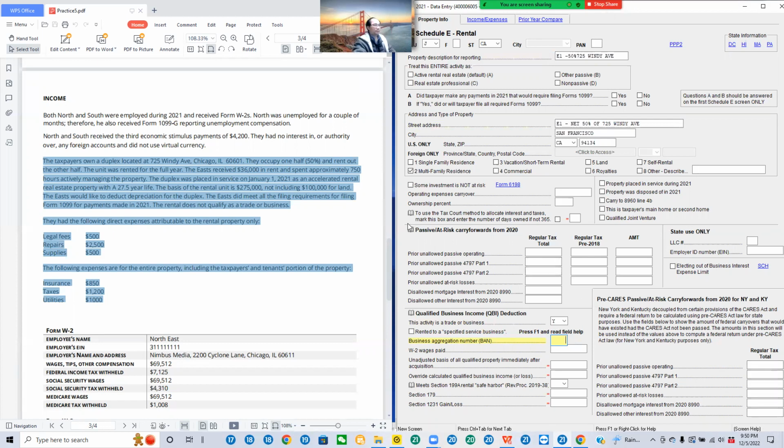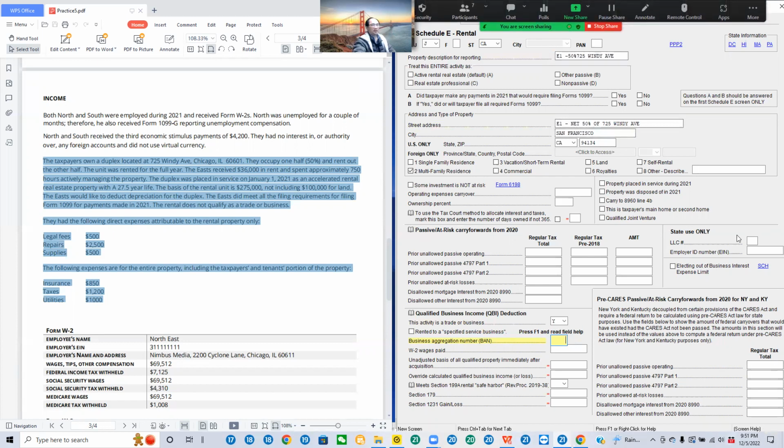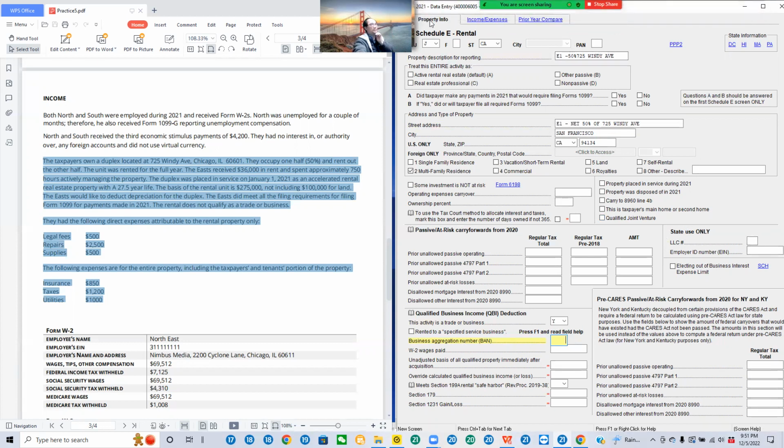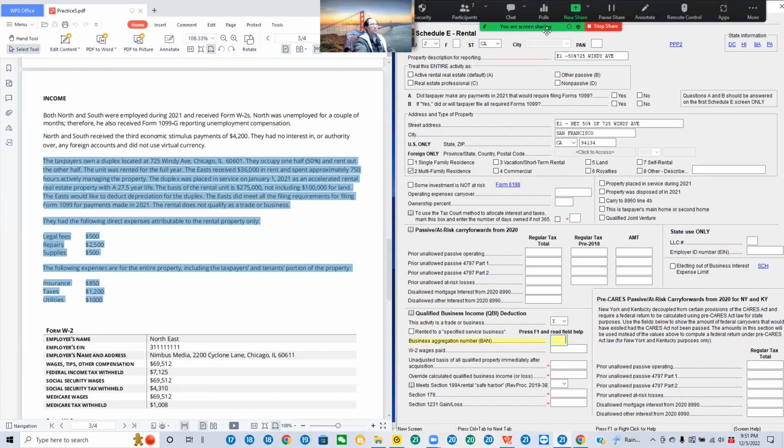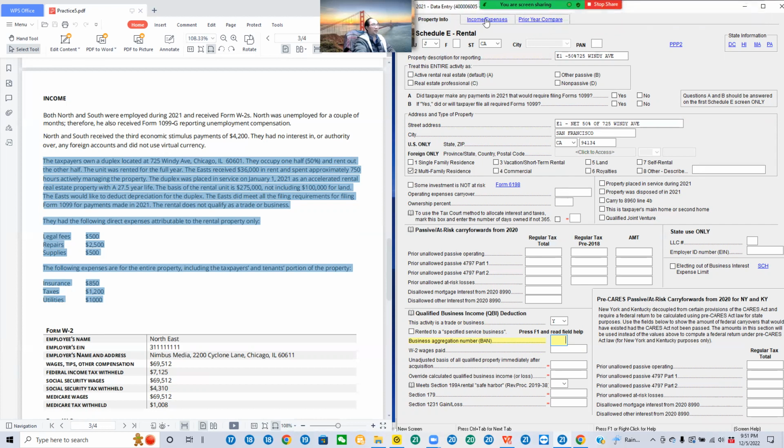Now, in here, this is the first part of it. And then on top, you can see another two tabs. There's Income, in blue on the very top, and below that, Income and Prior Comparison.